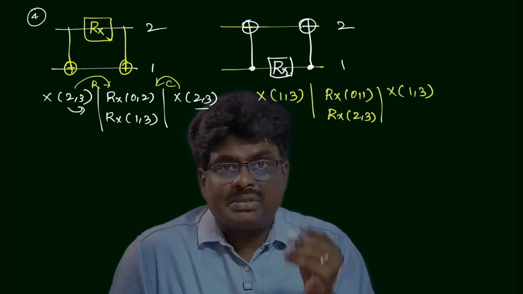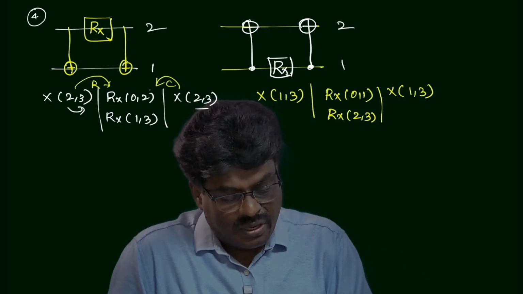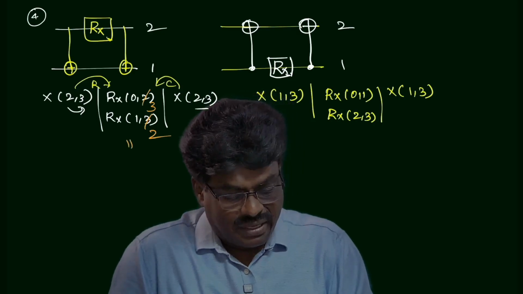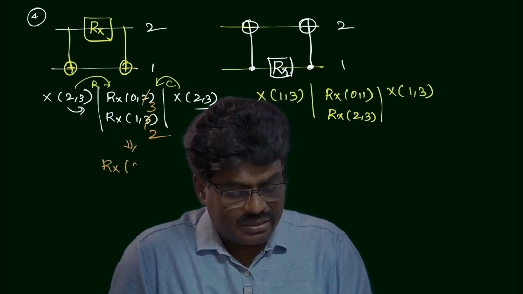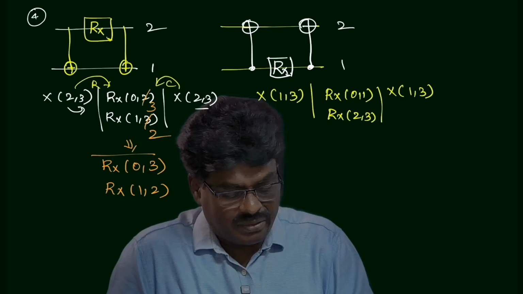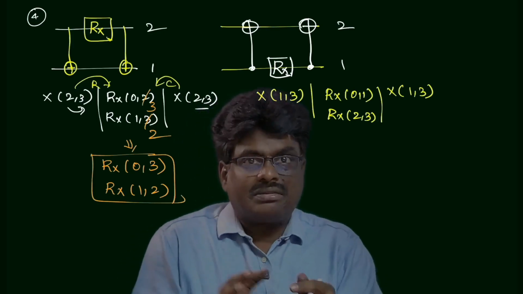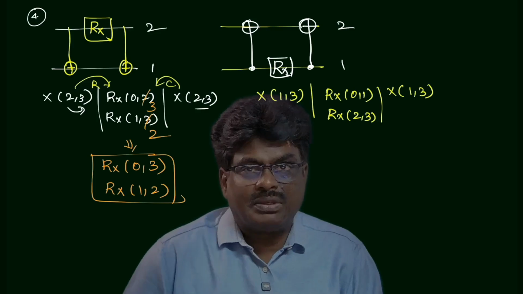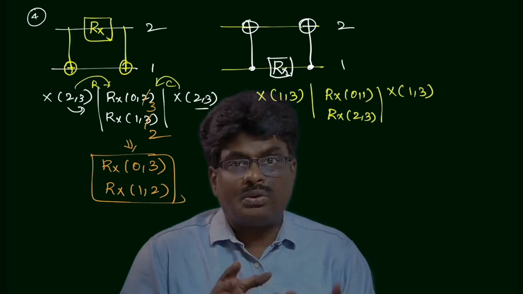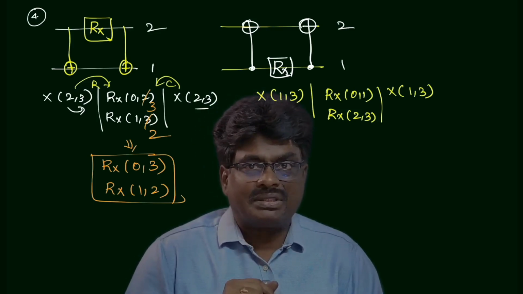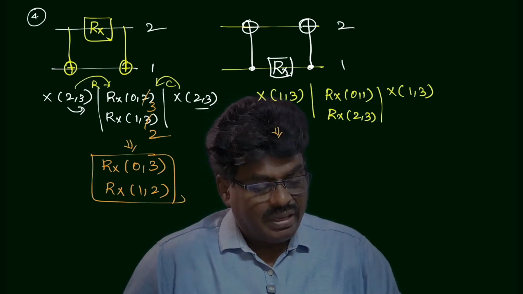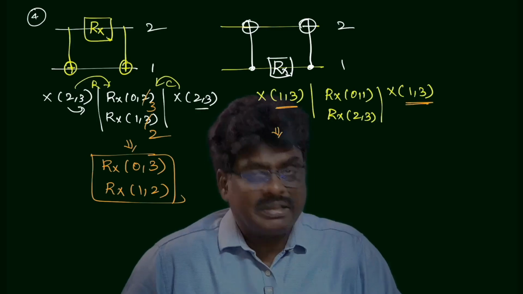So that's why I am saying a small technique. So here 2 becomes 3, 3 becomes 2. If you want you can check. This finally becomes rx of 0 comma 3 and rx of 1 comma 2. So this final operation is this one. That means it changes only the 0 3 combination and the 1 and 2 combination. And similarly check here. Here we have 1 3 and this is also 1 3.